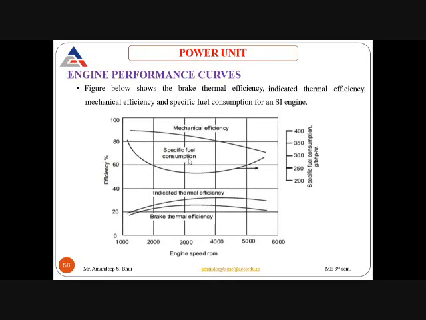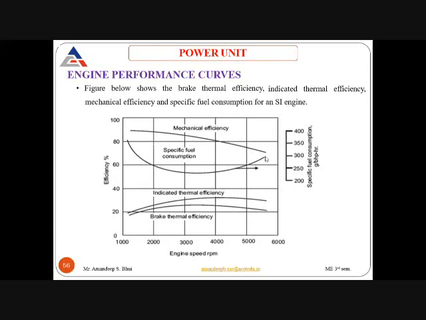Now next comes specific fuel consumption. Specific fuel consumption is greater when the RPM is less. So it is around 81%. Now as the RPM is increased, the specific fuel consumption starts to decrease. And beyond around 3500 RPM, you can see that the specific fuel consumption starts to increase again.